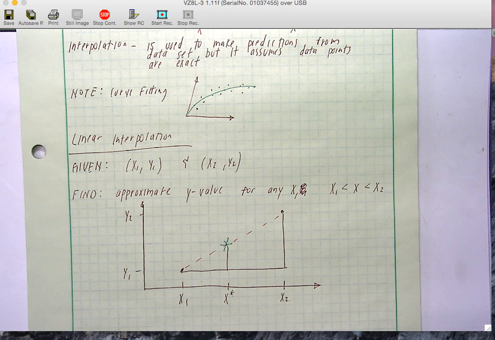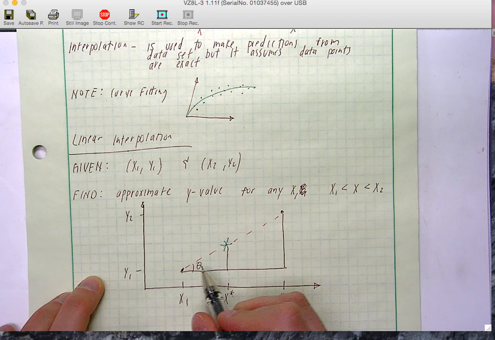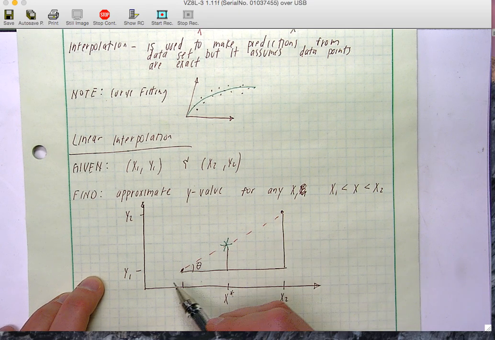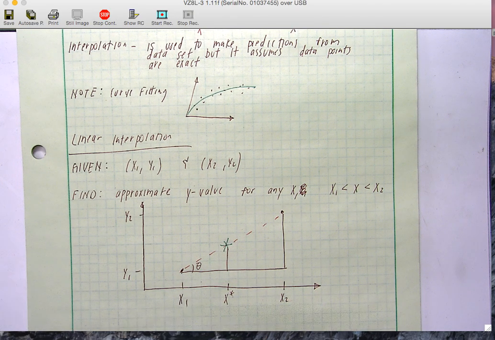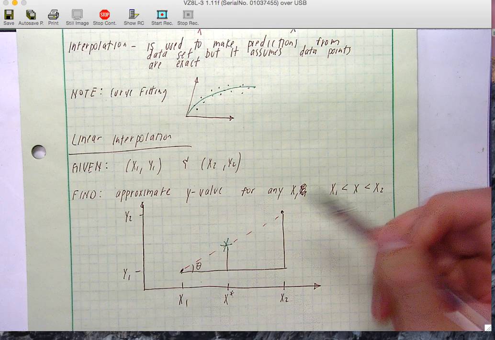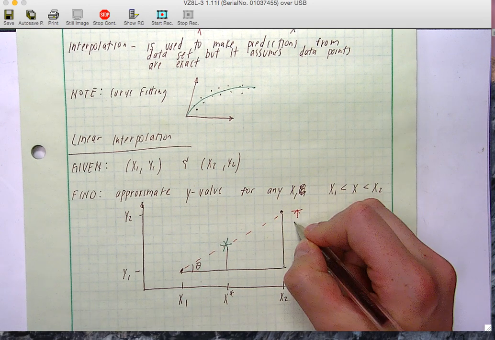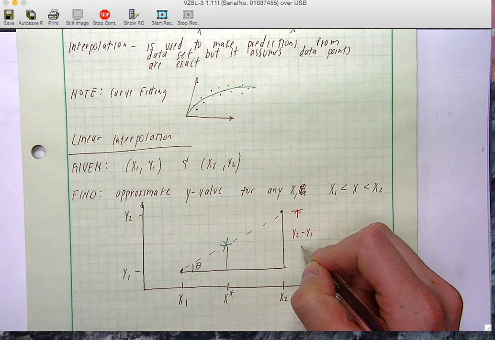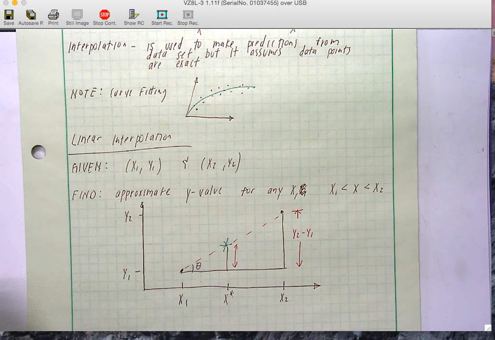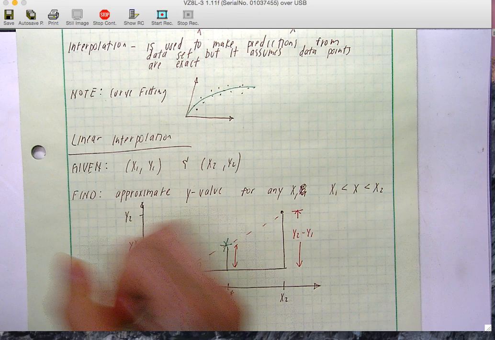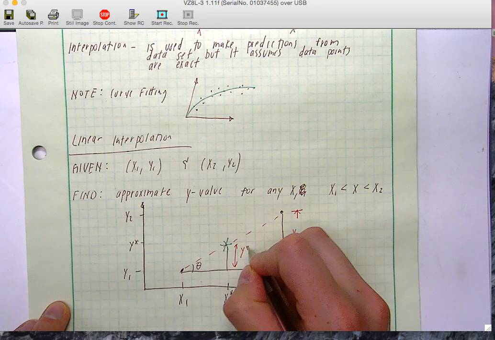Similar triangles is usually, I think, one of the easier ones to remember, which is that you can see that there's two triangles here, a little triangle and a big triangle, and they both have the same angles associated with them, so they're similar. So that means the ratio of all of their sides should be the same. Like this side here is y2 minus y1, and this side here is going to be y star minus y1, right?